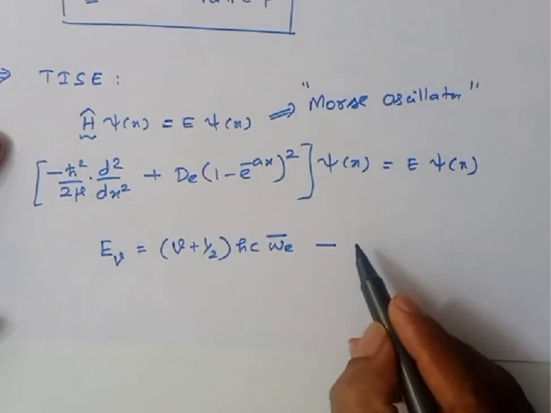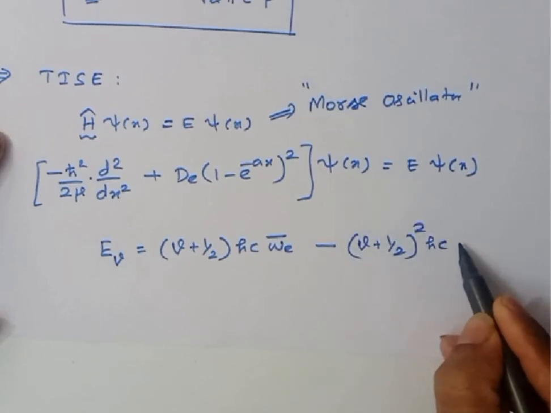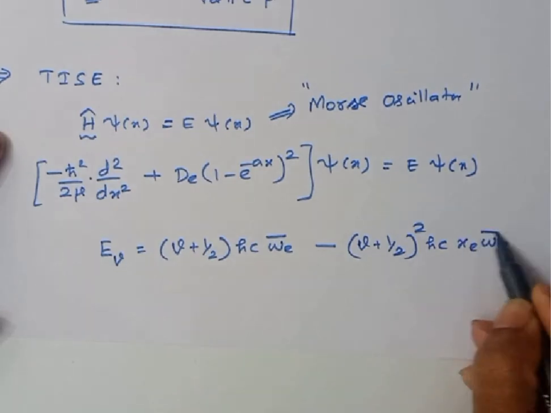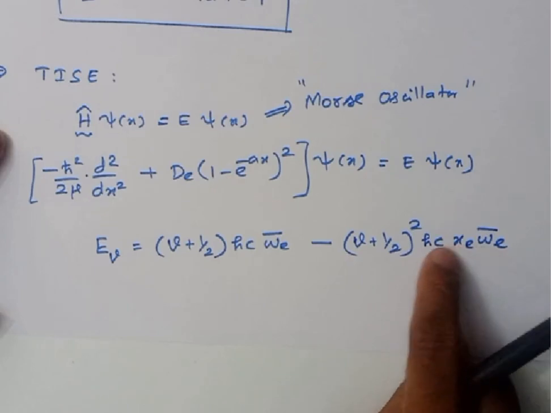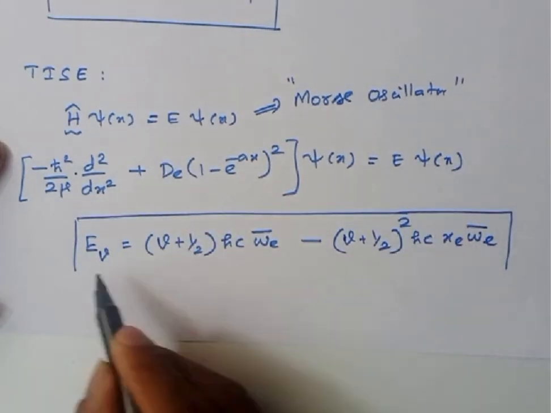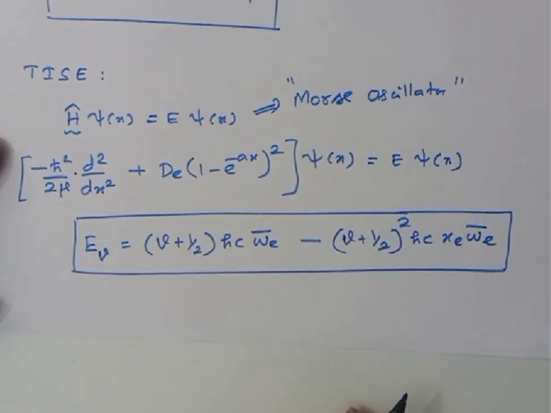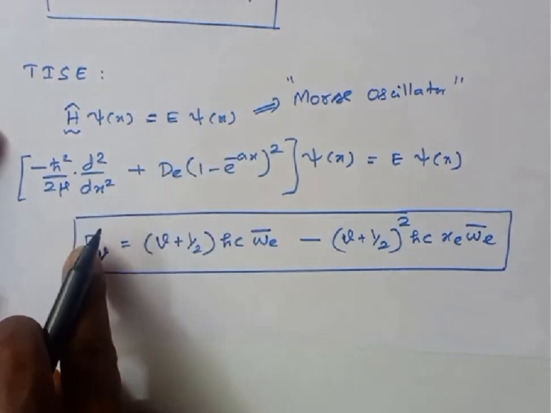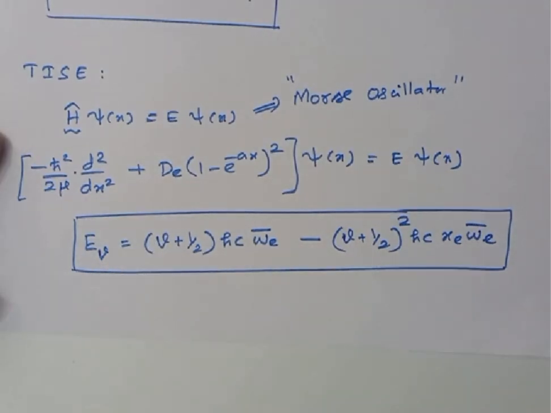The second term is (v plus half) the whole square into hc xe omega e bar. We have a new term xe, omega e bar and all the usual terms. So this is the vibrational energy formula we get if we solve the Schrodinger equation using approximate methods. Usually we follow perturbation theory, and by using it we get this expression as the energy. Okay, take it down. This is energy in joules.